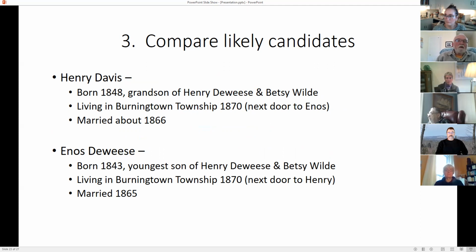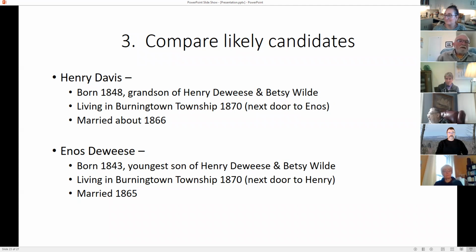He was the son of the oldest child in their family, who married a Davis. He lived in Burningtown Township in 1870 and happened to live right next door to Enos, the other of the 2. And Henry married at about 1866. So he was married at the time that Jane would have been conceived, which by my calculation is around Christmas in 1869. That may have had a factor in the event.